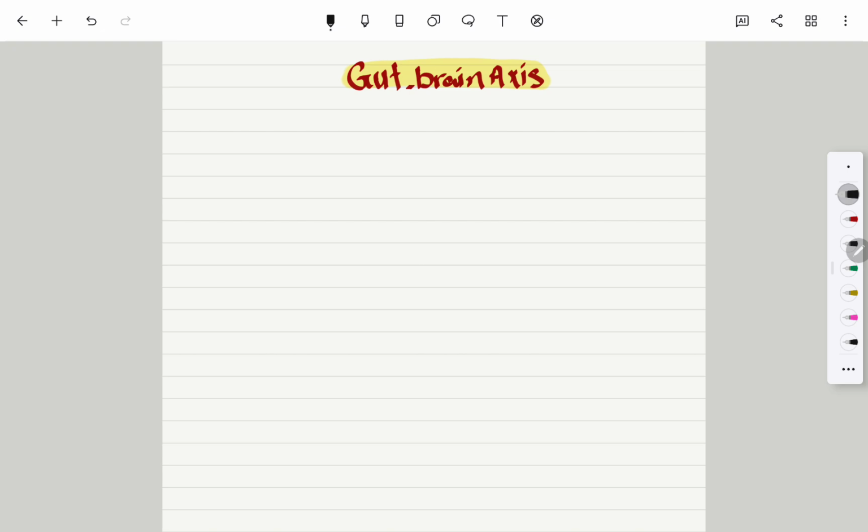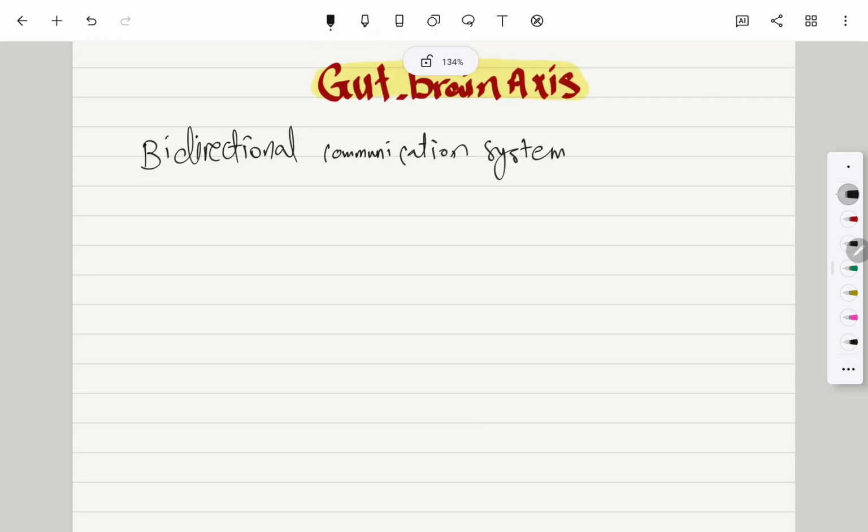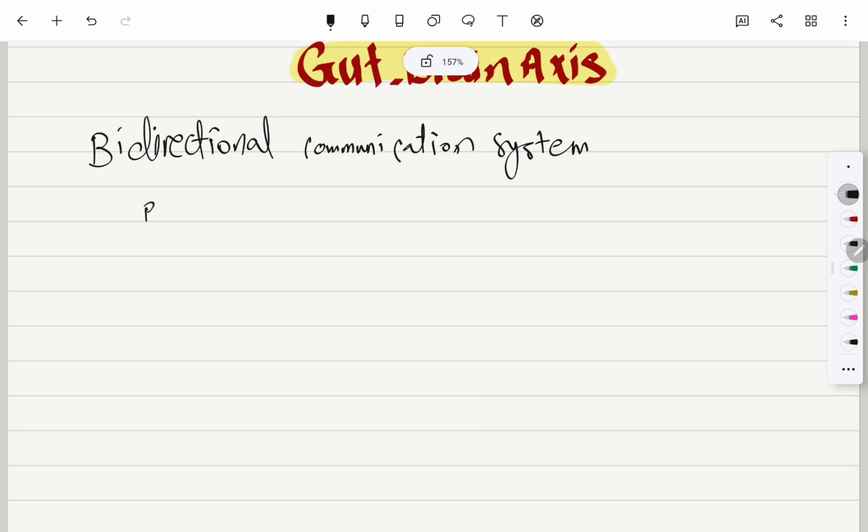Gut-brain axis, it is a bidirectional communication system between the gut and the brain or CNS.